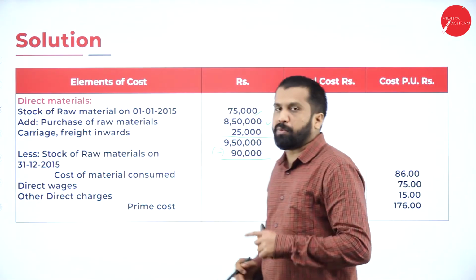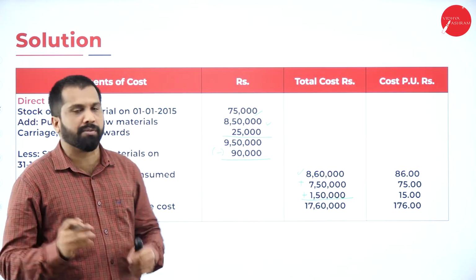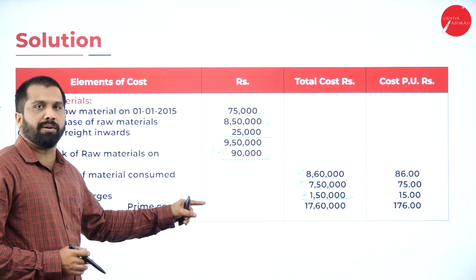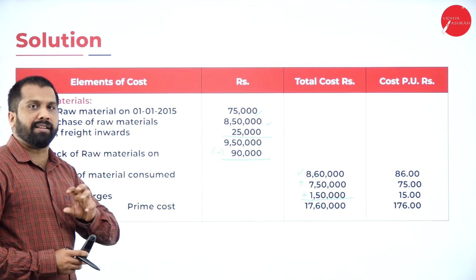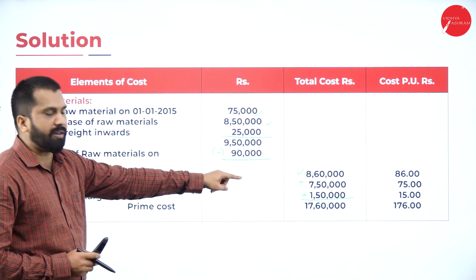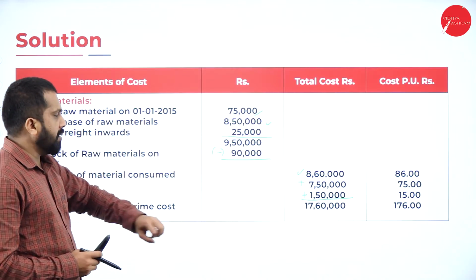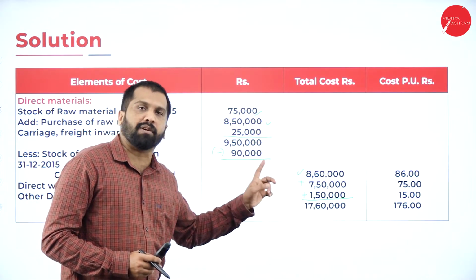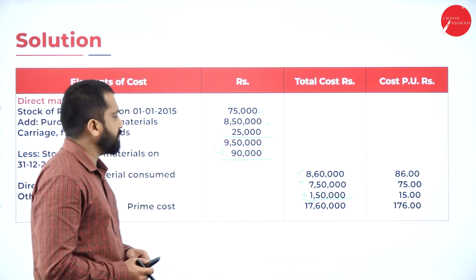The last column, cost per unit, will come back later. First, we'll understand your second column. Up to this, any doubt? Hope you may get calculation difficulties, but I have mentioned the way to minus and the way to add. Clear? Now, what is your answer? 17 lakh 60,000. This has to be carried forward to the next step.